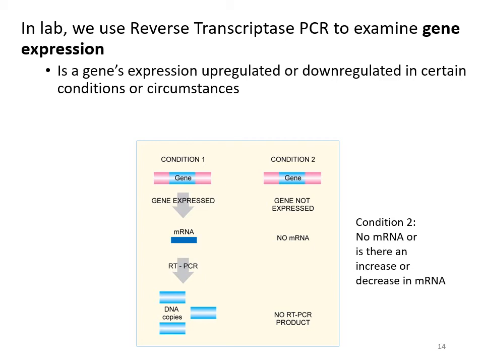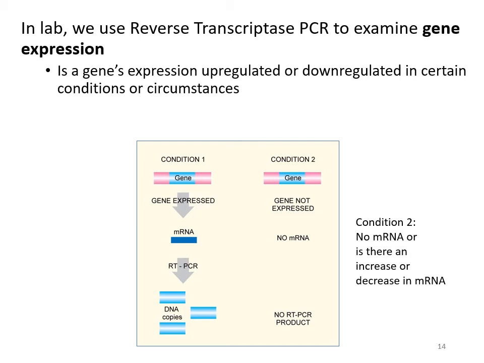When do I have more of that fluorescent final product? So if you see a lot of reverse transcriptase PCR product, well, that means that there was a lot of mRNA present to turn into the DNA and make copies of it, right? So that means that gene expression was high in that condition.